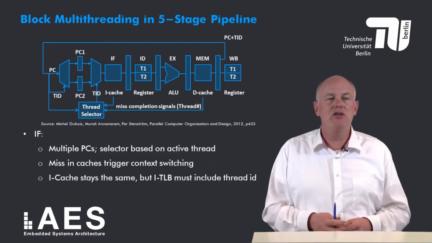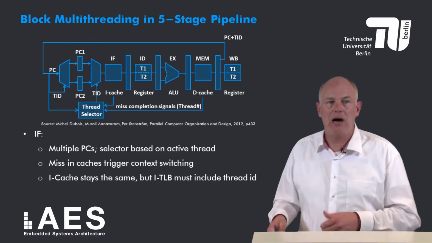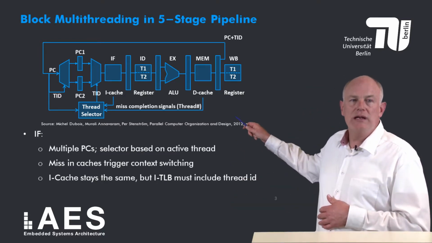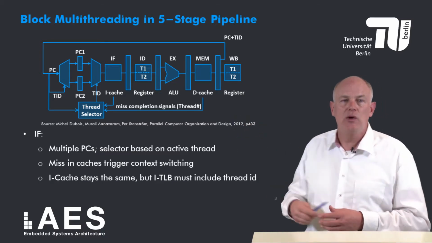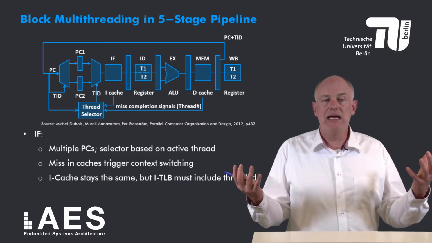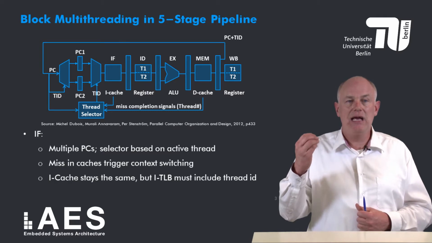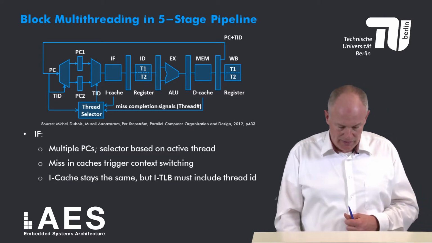So the instruction translation look-aside buffer needs to include the thread ID somehow. Notice also that the register file is split between the threads. This can be done statically or dynamically depending on the requirements of the threads, but this mainly applies to simultaneous multithreading.